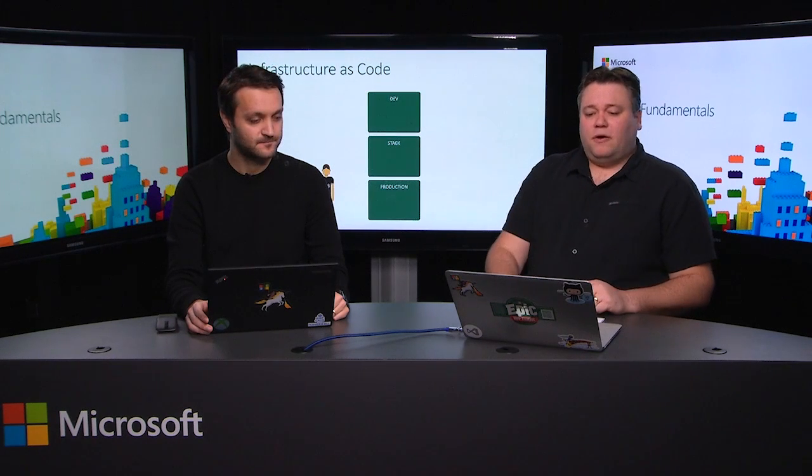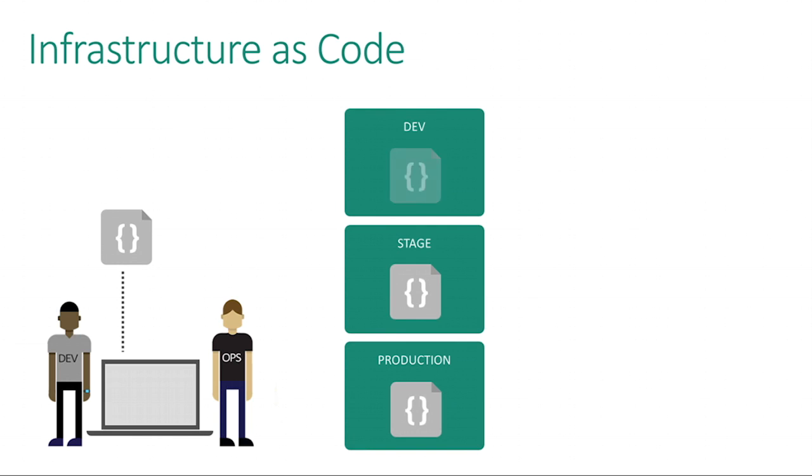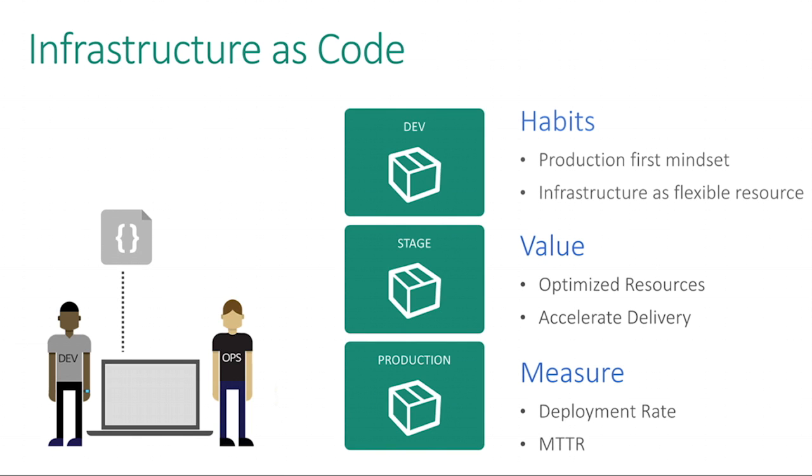So if we're talking about infrastructure as code, what we mean is that it's a practice where you define the infrastructure of all the environments that are going to host one or more of your solutions or applications, and you use scripts and other files to do that. And you keep those scripts in the same source code repository or a different source code repository as the development team is using, so that you can have versioning of it, and you can also share the same environment description across multiple environments.